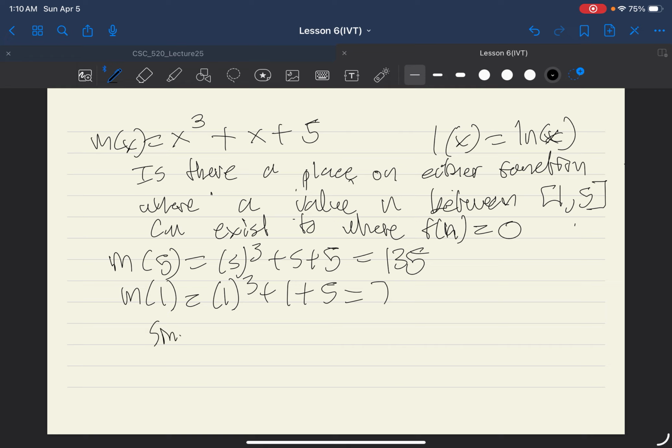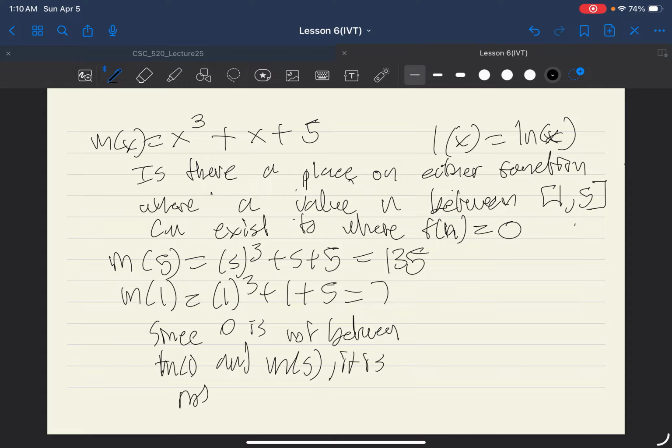And since 0 is not between m of 1 and m of 5, it is not guaranteed on that interval.